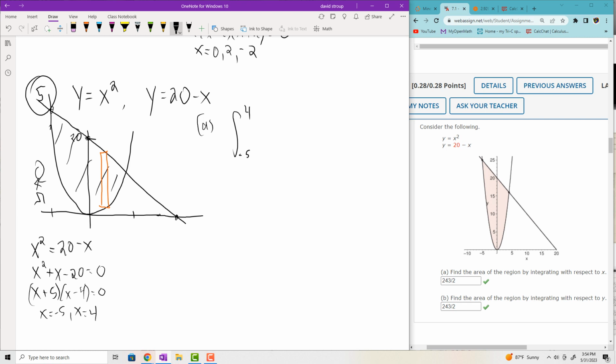The top of the rectangle is given by 20 minus x, and then you're subtracting away the bottom portion, which is given by x squared, dx. And then it's just integrate, power rule, and the annoying part is evaluating.